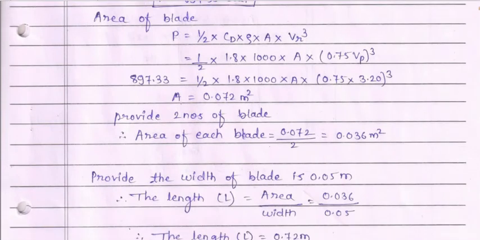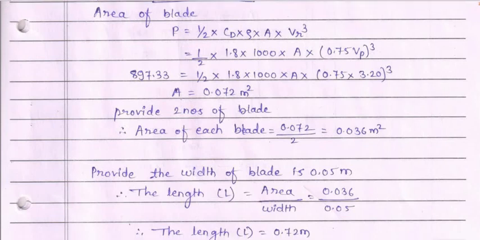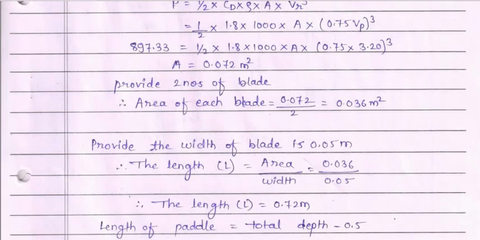square. Provide the width of the blade as 0.505 meter, and therefore the length comes out to be, that is the area is 0.036 meter square divided by 0.035, and therefore the length comes out to be 0.72 meter.